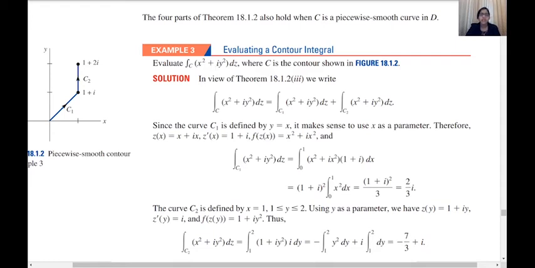So it will be z(x). What will be z(x)? z(x) will be nothing but x + i·x itself. So z' will be 1 + i, and what will be f(z(x))? f(z(x)) will be x² + i·x². And the variation of x will be from 0 to 1.